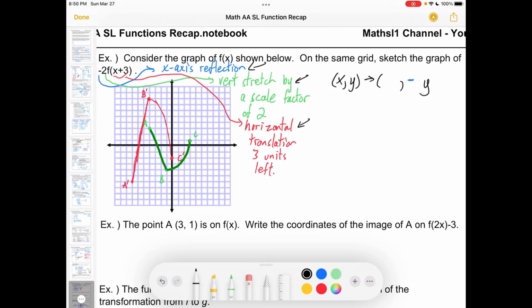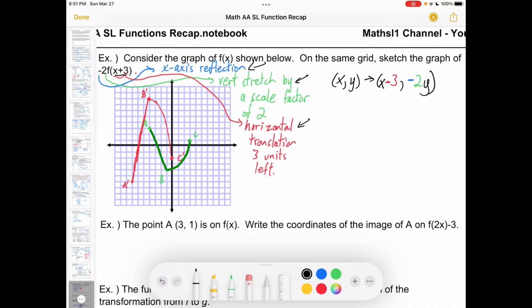If I have a vertical stretch by a factor of 2, that means its y value gets twice as big. And if I send it 3 to the left, well, I know it looked like an x plus 3 in the function, but what it really does to a point is subtract 3 from the value of that x.